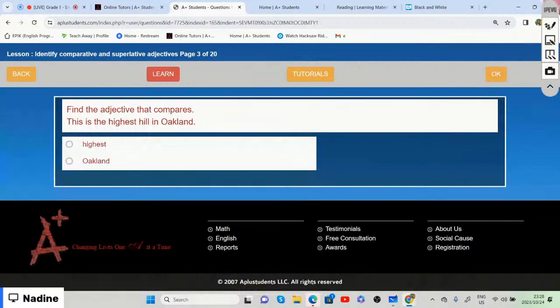We need to find the adjective that compares. This is the highest hill in Oakland. Is it highest or is it Oakland?